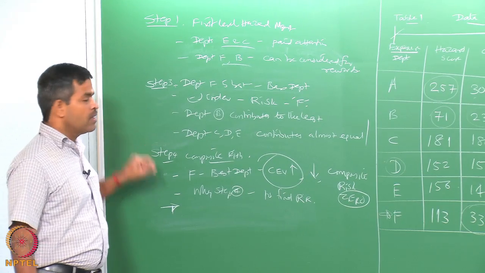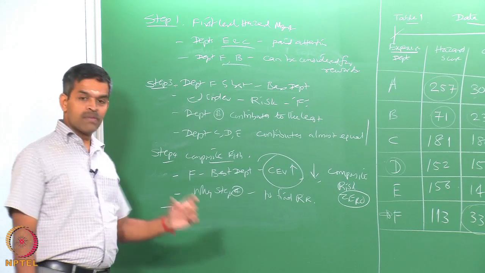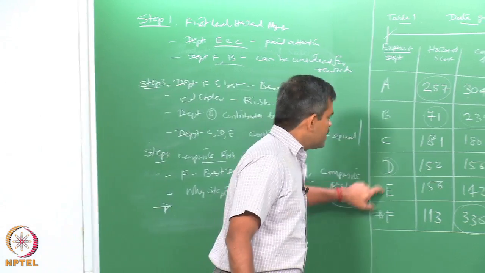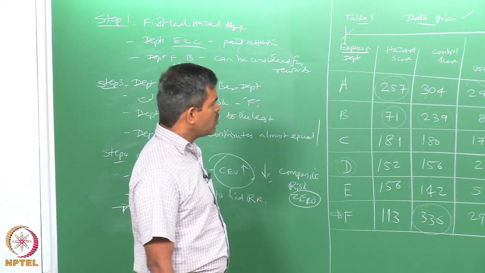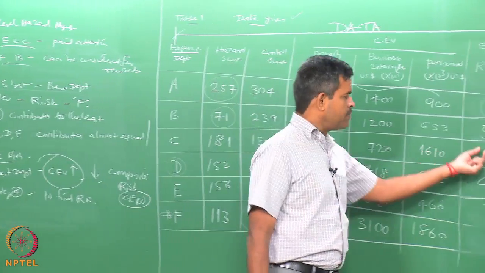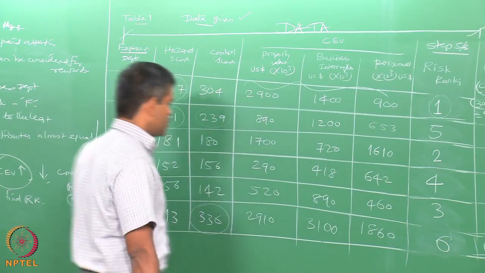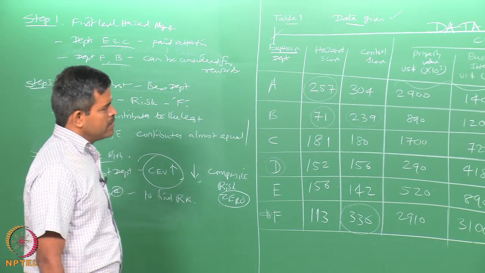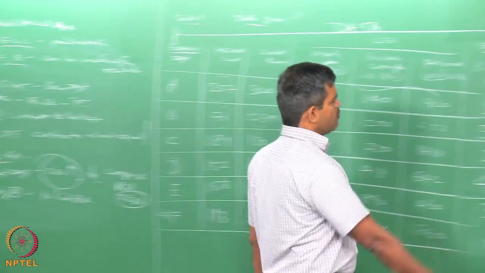Now, a very interesting question, number 3 in this problem. C, D and E do not have the same composite exposure values, though I have rubbed it off, and the percentage risk index is almost equal.